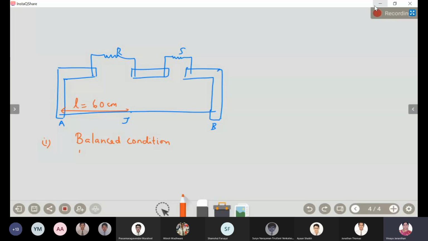Balance condition: P by Q must be equal to R by S. P is L, Q is 100 minus L. P is the resistance offered by the length L of the wire, Q is the resistance offered by the length 100 minus L of the wire.